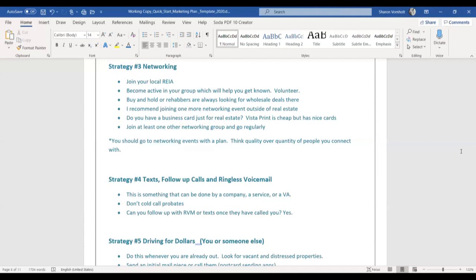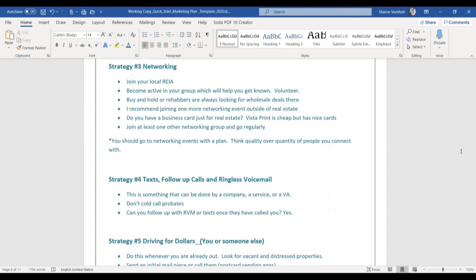You are getting maybe a 1% return on your direct mail. What if by spending another quarter, another 25 cents, you could get 4 times the results? Instead of getting one call on 100, you could get 4. There's no downside to that.